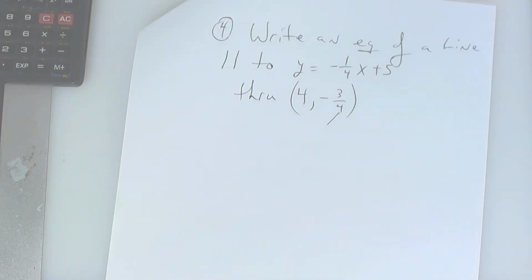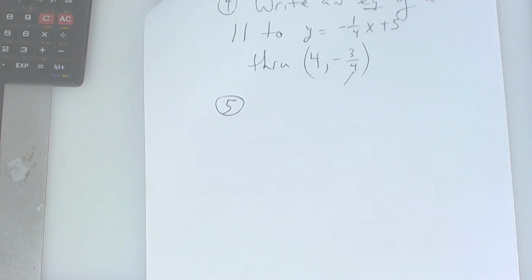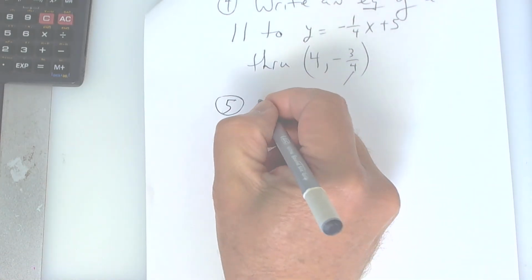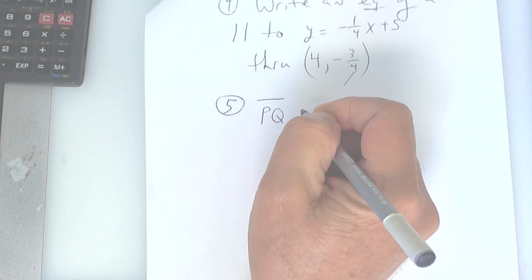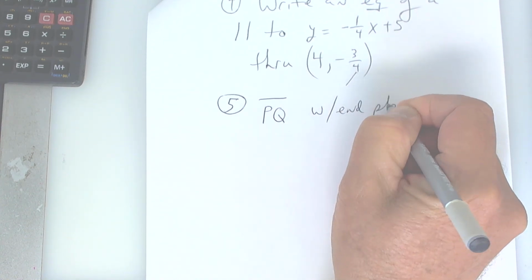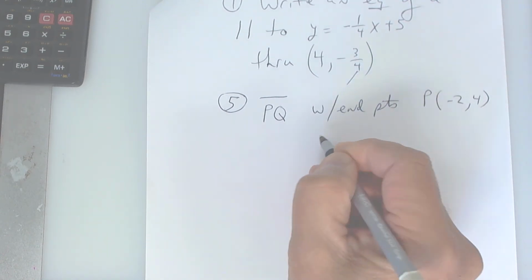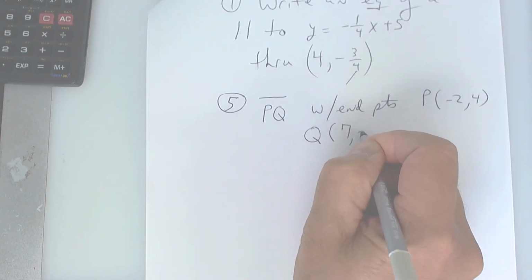That's number 4. Let's keep moving. Let's go to number 5. Partitioning of a segment. Now, I know that kids miss this all the time. So put down number 5. Segment PQ, copy this down, with endpoints P is (-2, 4), and Q is (7, -2).